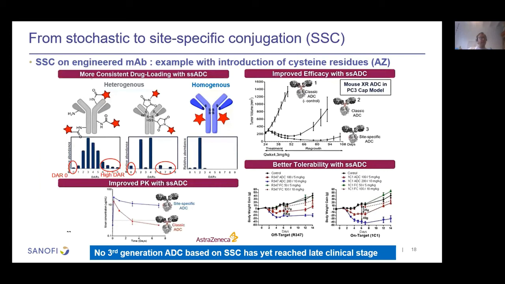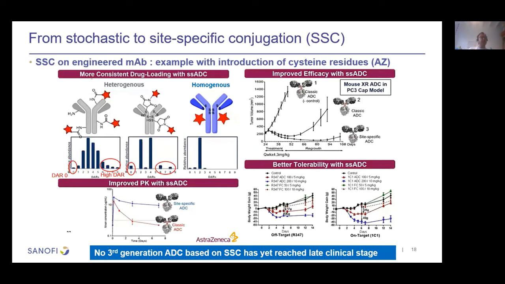This is site-specific conjugation, and AstraZeneca researchers have reported nice results showing the advantages of site-specific conjugation by using cysteine-engineered mAbs that allow directing the conjugation specifically to the payload.